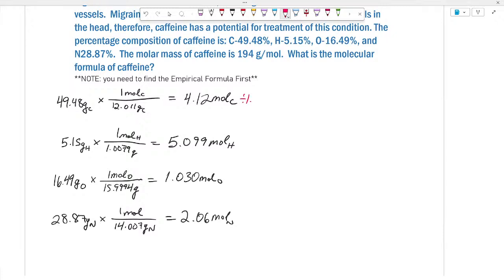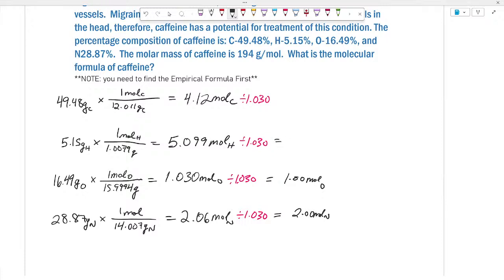So if we divide them all by 1.030, it's actually going to clean them up, and they should be even nicer, right? For example, I can see right away that's going to end up being 2.00 moles of nitrogen. That's obviously going to be 1.00 moles of oxygen.